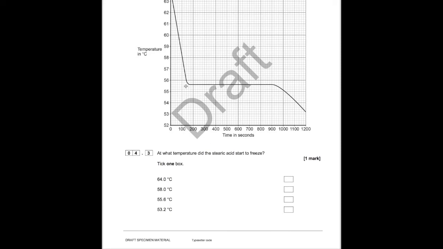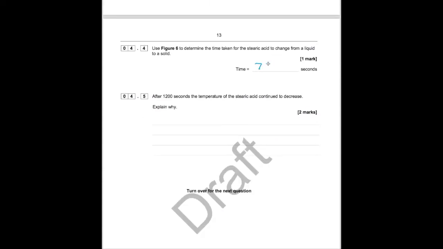So from a liquid to a solid, it's going from about 150 up to 900. So that's 750 seconds. Again, they'll probably offer you a range there.